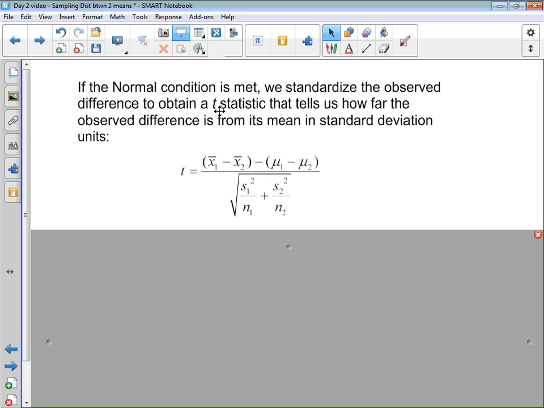The normal condition is met if both sample sizes are greater than 30, or both distributions appear to be approximately normal. Then the t value will be this. Now, remind you, our general hypothesis is going to be mu1 equals mu2. So right away, this is generally going to be 0.